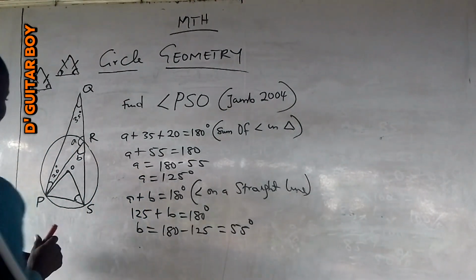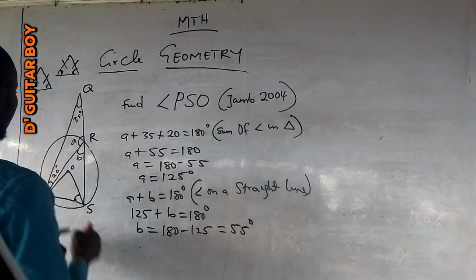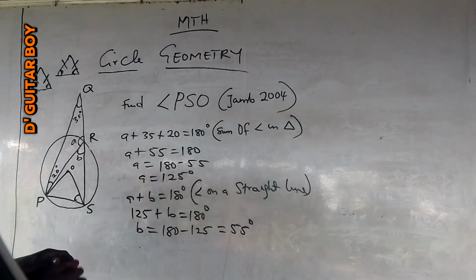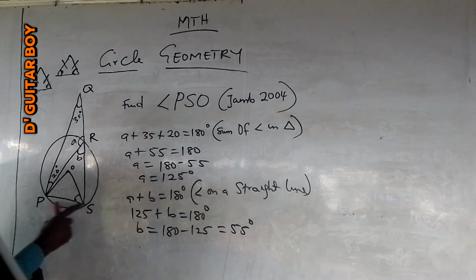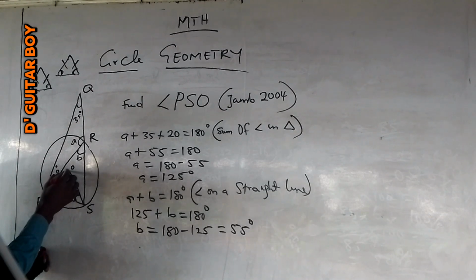So now if you check here, if you have a circle like this and you draw a line from the center of the circle like this, in the particular one we have here, just note that since you started it from the center, this line is equal to this line.